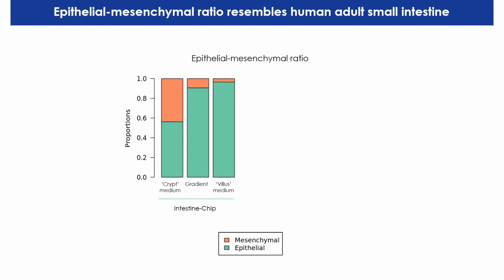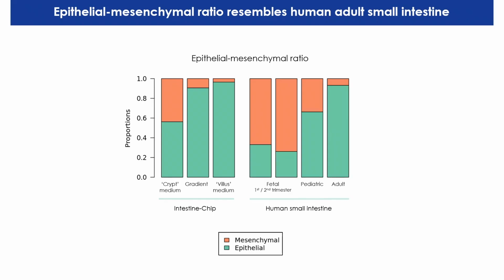And interestingly, when we compare this data to data of the human intestine, we see a similar trend in the developing human intestine from fetal to pediatric to adult. Also an enrichment in these epithelial cells. So even though our system or the individual cells were predicted to be fetal in phenotype, the cell type composition actually resembles more the cell type composition of the adult human small intestine if we're talking about the gradient and villus medium condition.